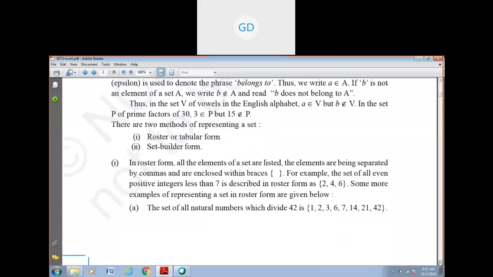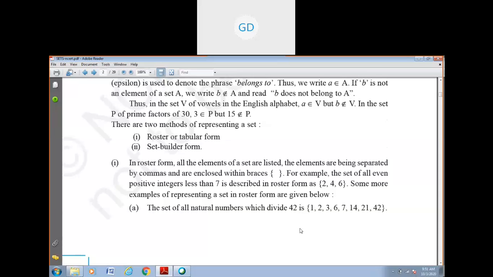In these two forms, we need to express a set. Here is the first form. If we discuss the first form, roster or tabular form, then you will see it's very simple.